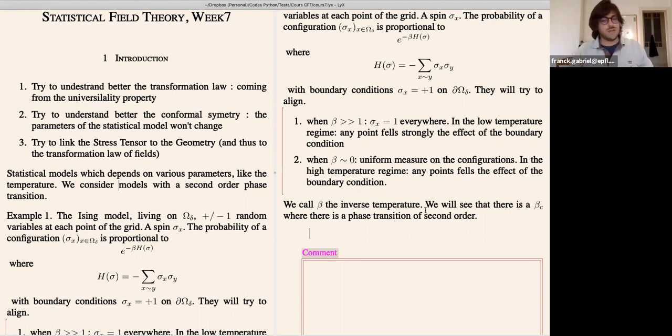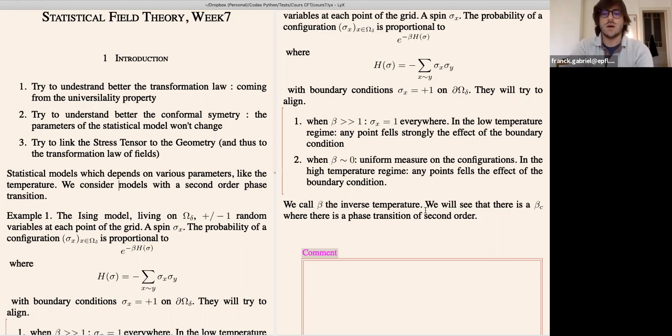For some people, this is seen as a fight between entropy and minimization of the energy. When beta is equal to 0, it's the entropy which wins. When beta is bigger than 1, it's the minimization of the energy which wins. And so there is at one moment a balance between everything.